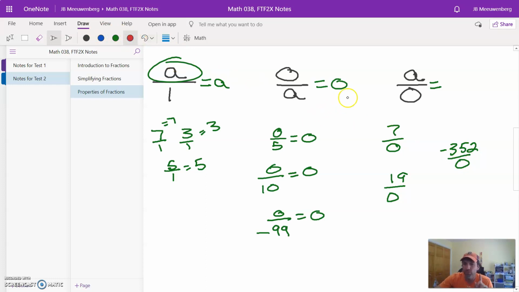Oh, what was the deal with this? You can never divide by 0. You can never have 0 on the bottom of a fraction. If you try to do it on a calculator, it gives you an error message. We say it doesn't even equal something. We call it, there's a special word for it, pause and think of it, undefined. Any number over 0 is undefined.